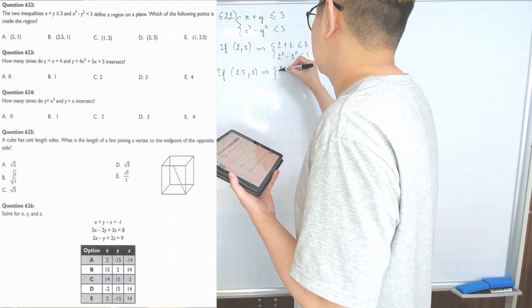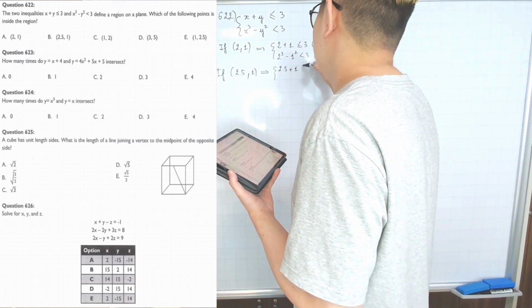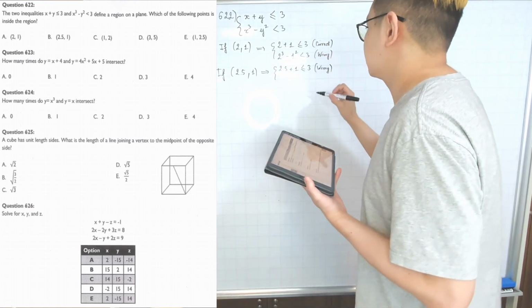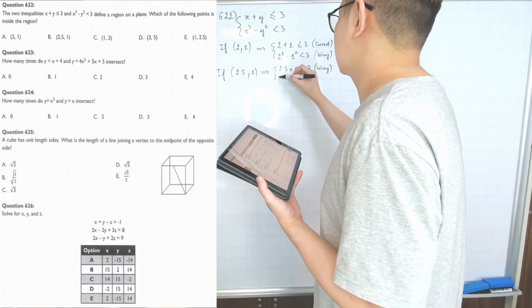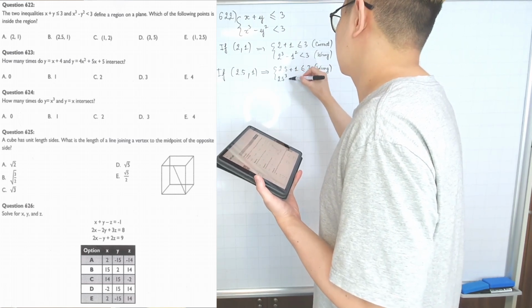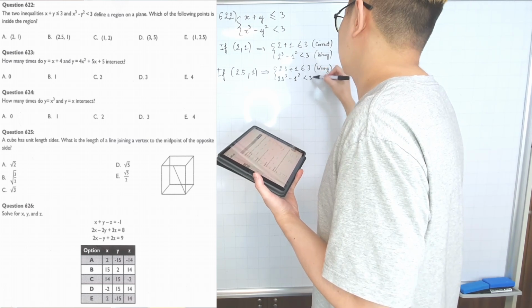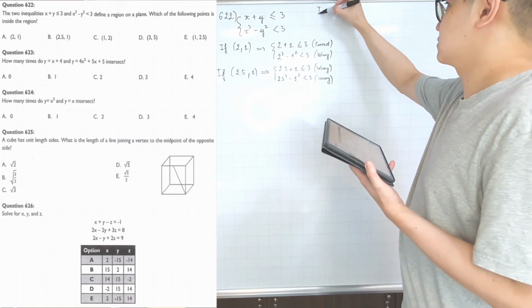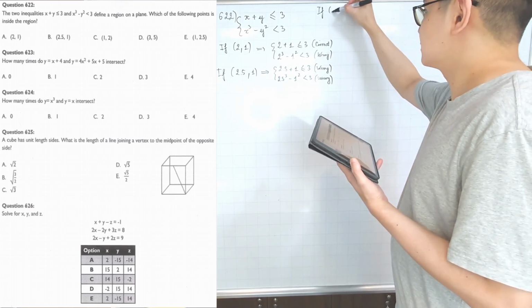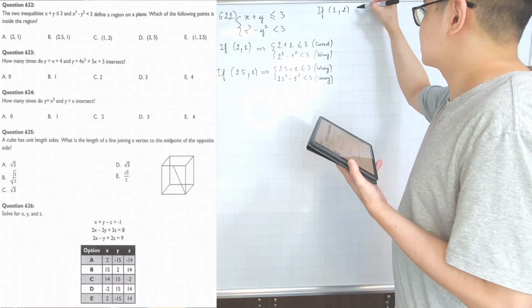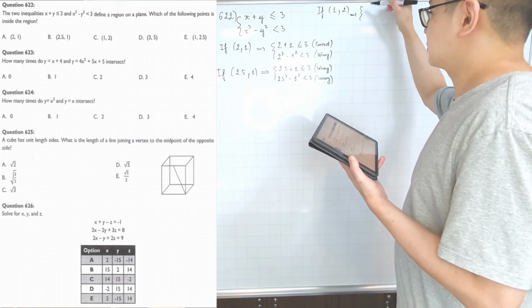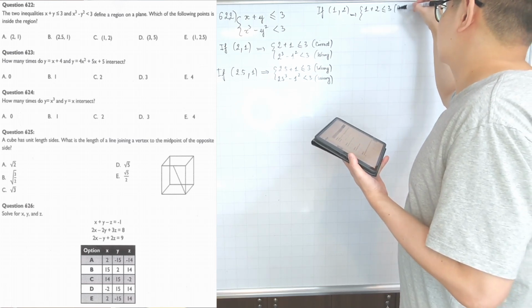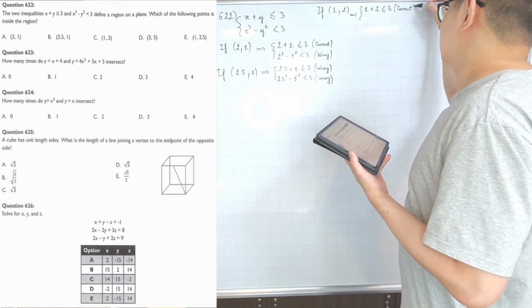So, 5 plus 1 smaller or equal to 3 is wrong. It's C, isn't it?